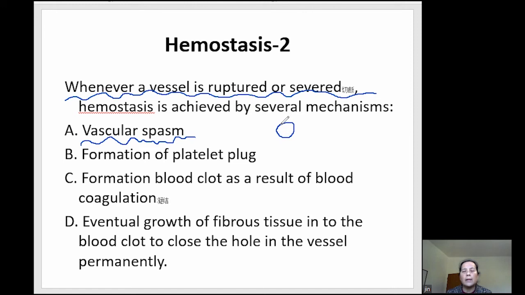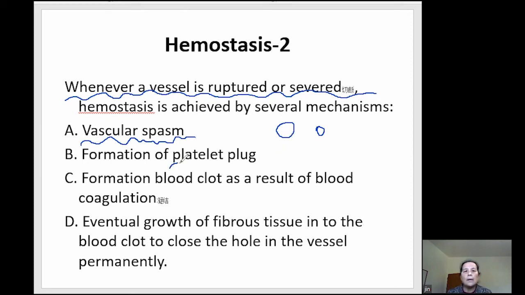Normally that's like the dilation of the blood vessels. And after the vessel spasm, the dilation changes to smaller, so a smaller amount of blood comes from the smaller dilated blood vessels. So that's how we easily stop bleeding.